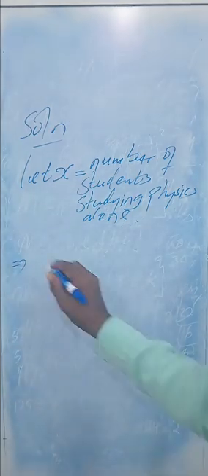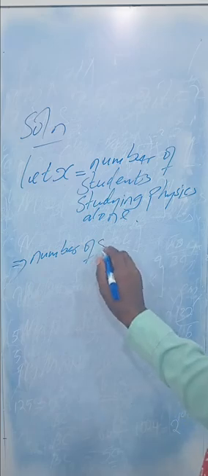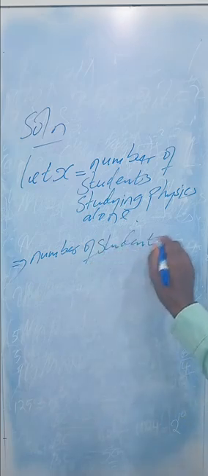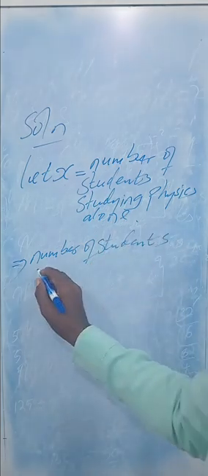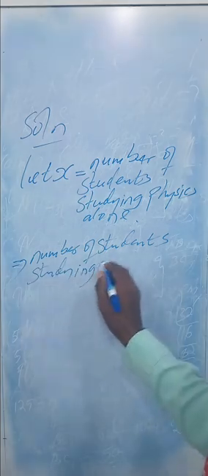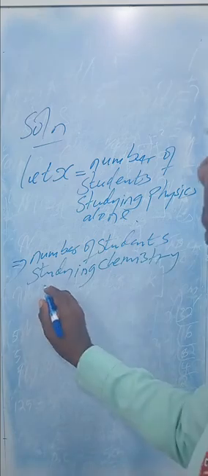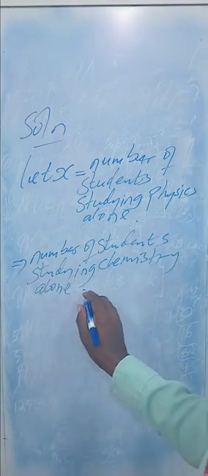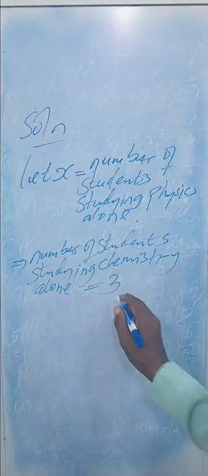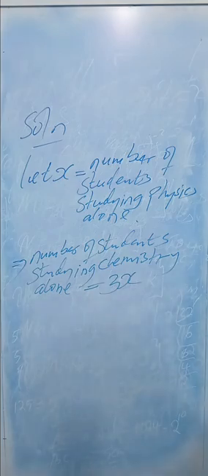The number of students studying chemistry alone will be equal to 3x. That's the meaning of thrice. So it will be 3x.